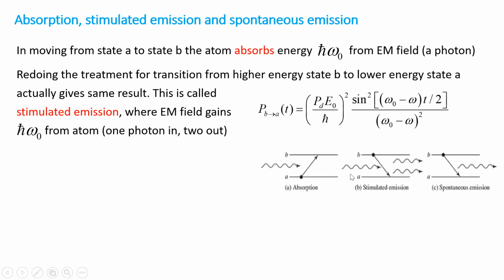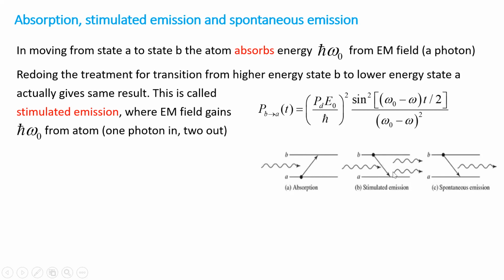Makes sense. For stimulated emission, we're still interacting with the electromagnetic field. So we have a photon coming in or around the atom, but that stimulates the atom to drop down. But that photon doesn't disappear because it's not absorbed.